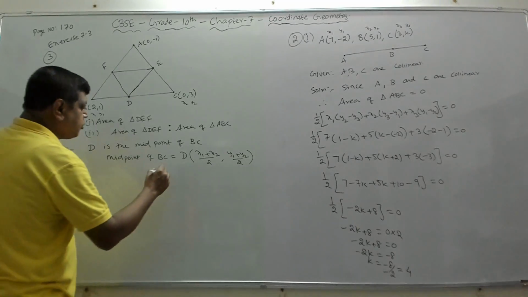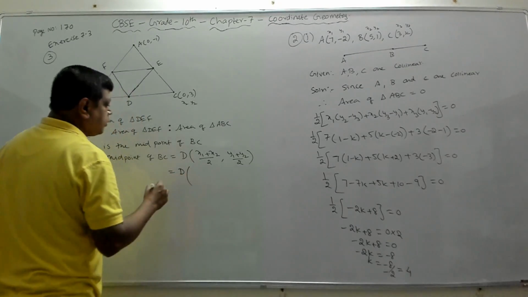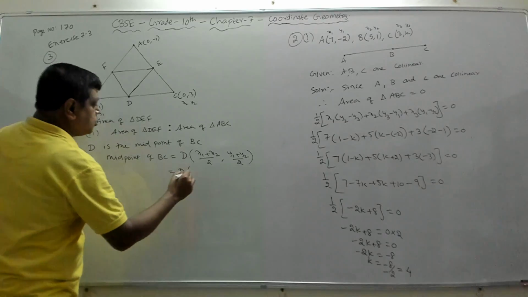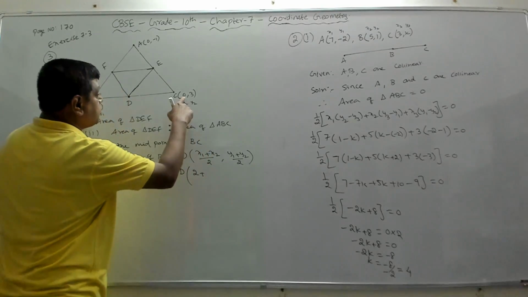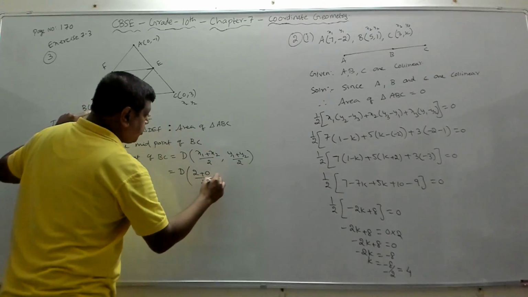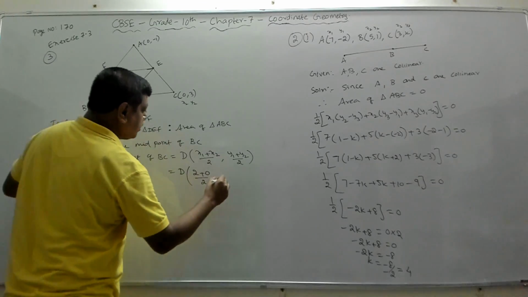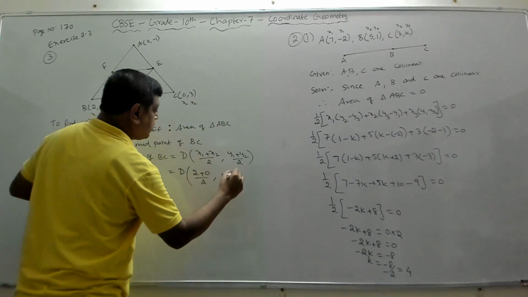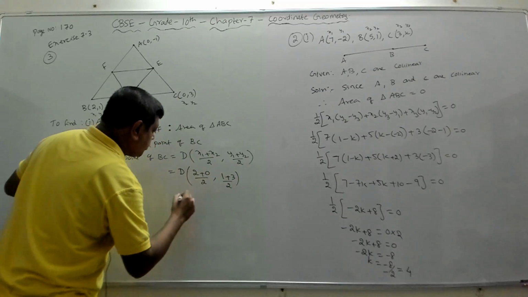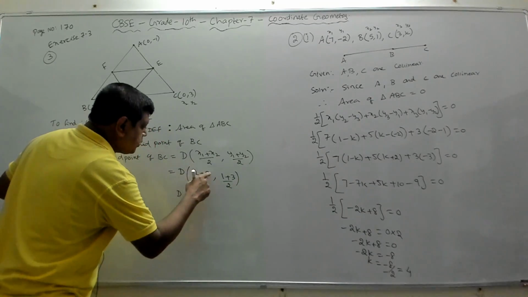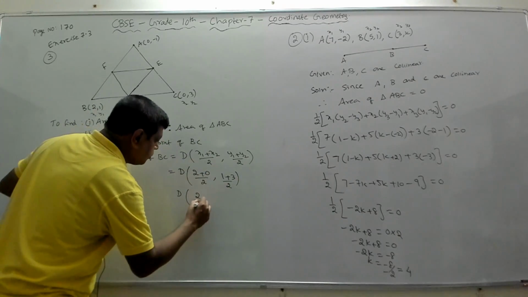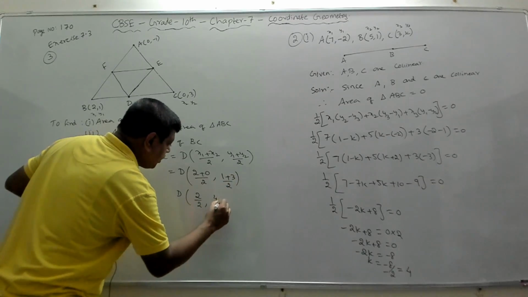So now if you substitute that, what do we get? D is ((2 + 0)/2, (1 + 3)/2). 2 plus 0 is 2, so you get 2 by 2, comma, 1 plus 3 is 4 by 2.